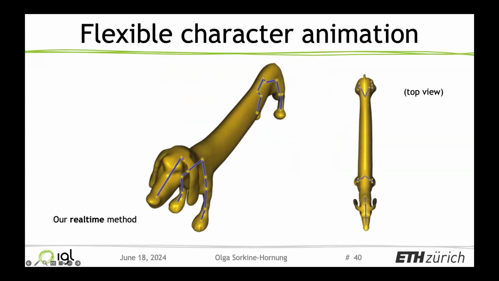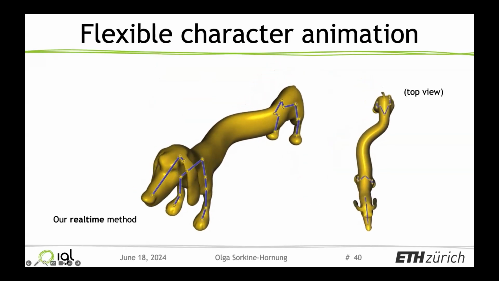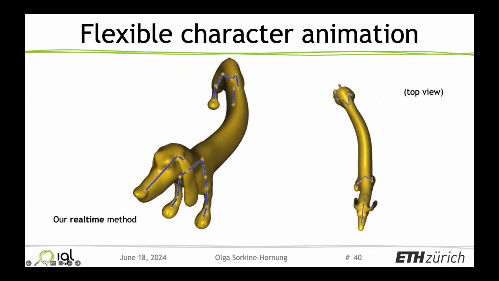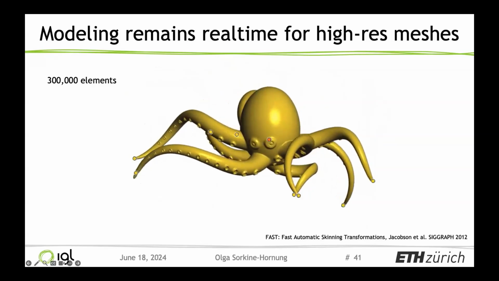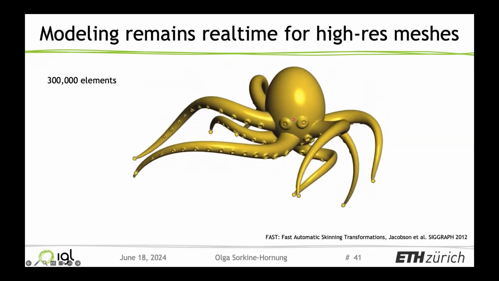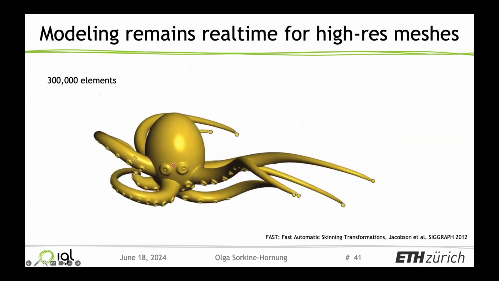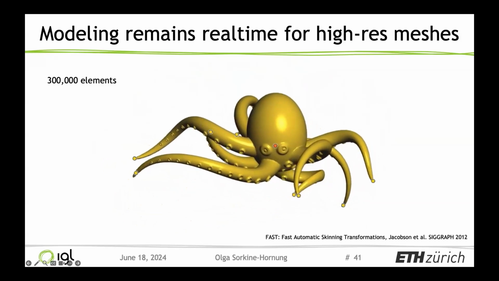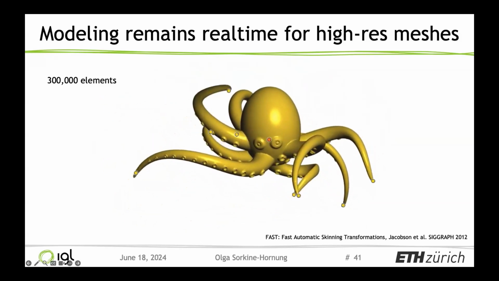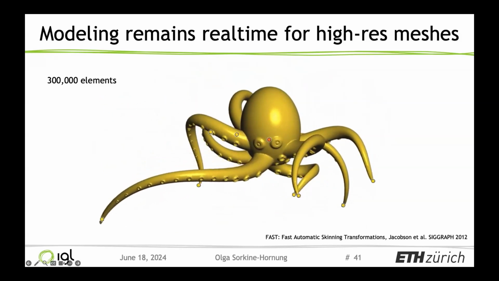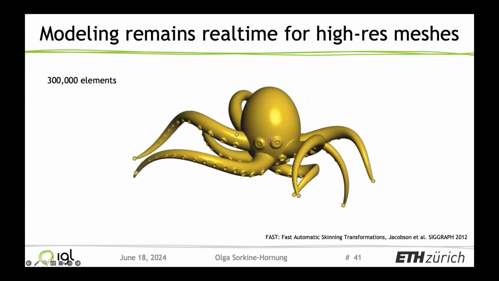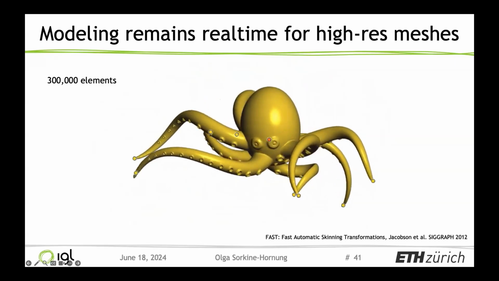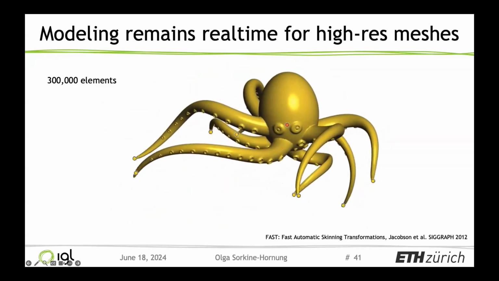So it's a very flexible approach to deform and animate characters. You can do all kinds of fun stuff with it. Here's again the same octopus that you saw earlier from Laplacian editing, but now the deformations look much better. Indeed, you have nonlinear elasticity here, and this is in real time with 300,000 triangles on this mesh.